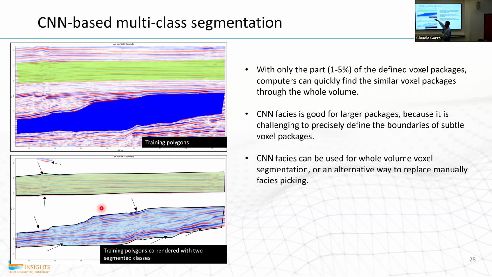You only need to pick maybe 5% to 10% of the data, which means that if you have 100 inlines, you just need to pick 5 inlines, input them, and let AI segment all your facies from the other 95 inlines.